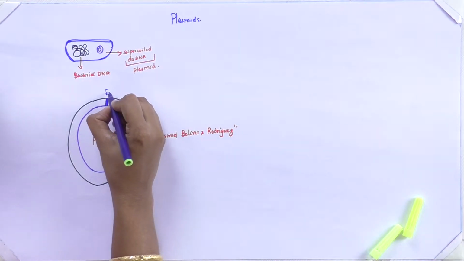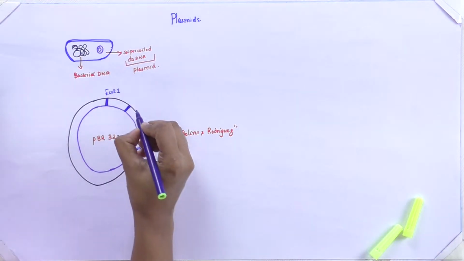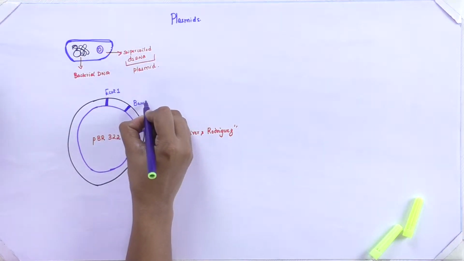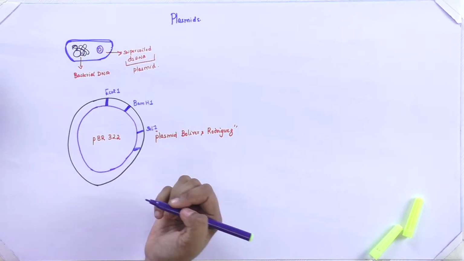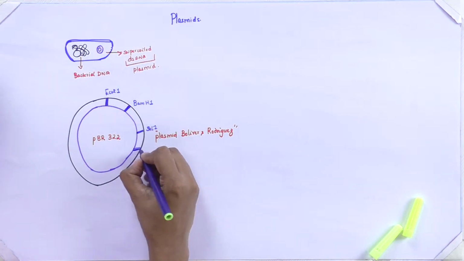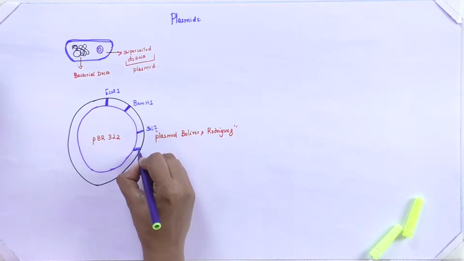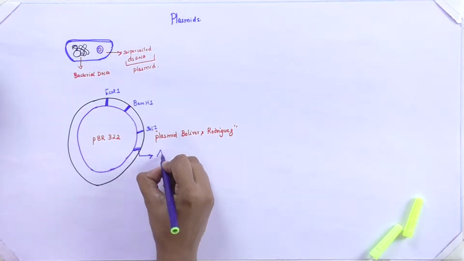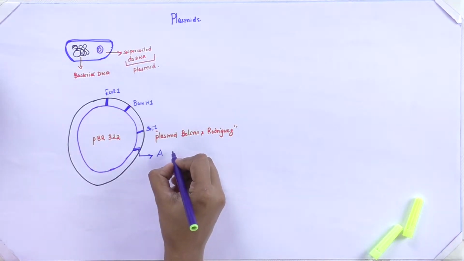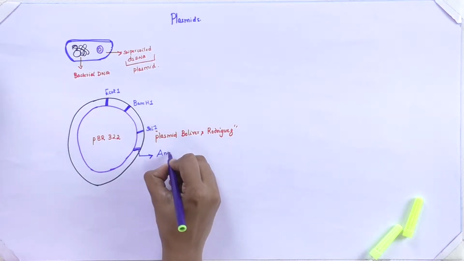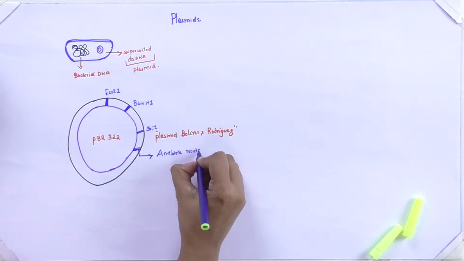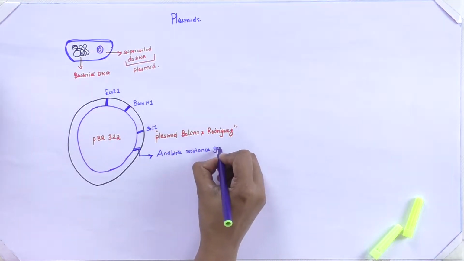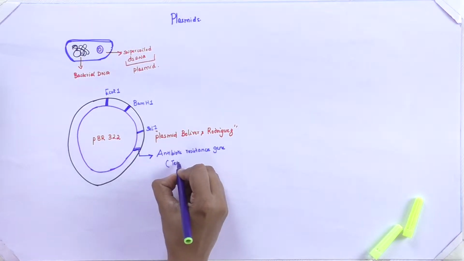For example, the major restriction enzymes: EcoR1, you can write BamH1, then you can write SalI, EcoR1, BamH1, SalI, etc. It also has a site we can claim as an antibiotic resistance gene, that is the tetracycline resistance gene. Example, tetracycline resistance gene.